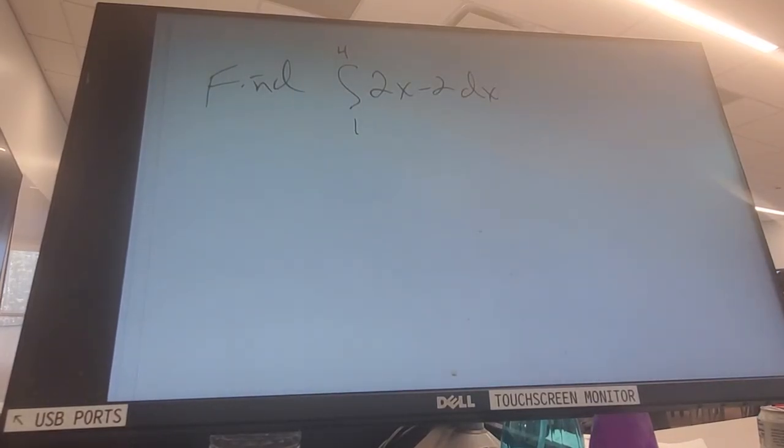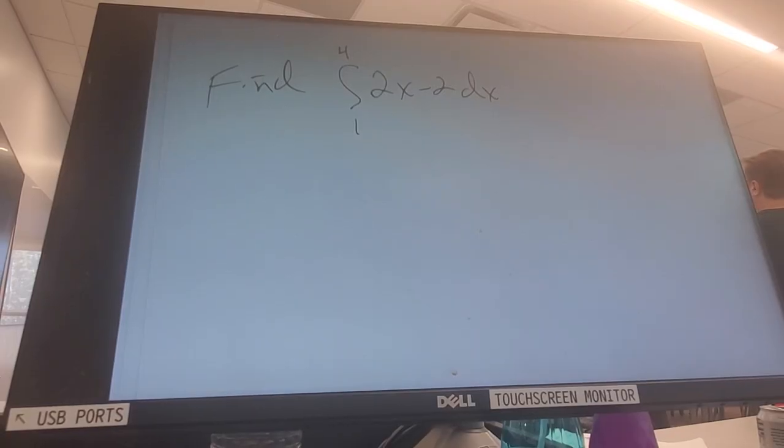Look at this problem. So, can you draw the graph? Can you draw what that's asking us to find?